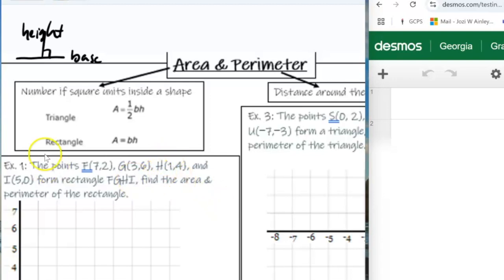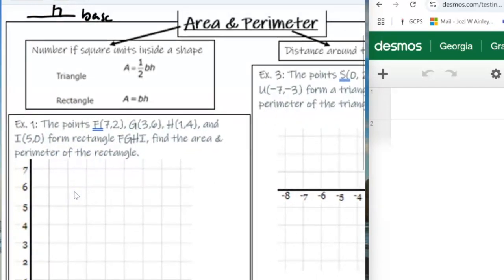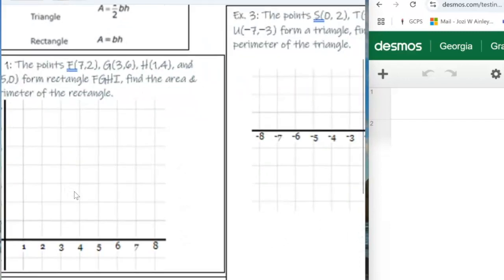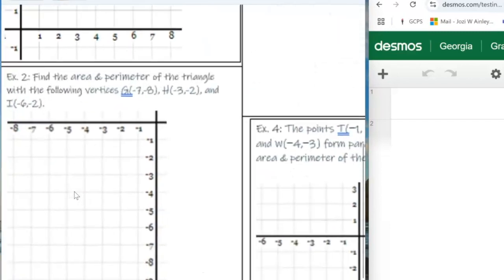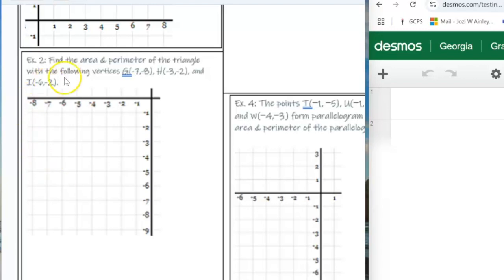Sometimes in the shape, you have to turn it around to see which part is horizontal and which one is vertical. So let's go ahead and do example 2 and 4. Find the area and perimeter of the triangle. These are the vertices.